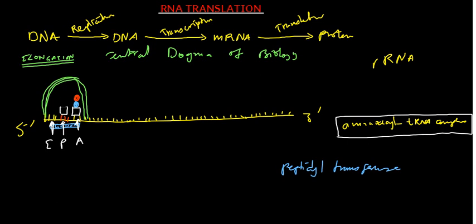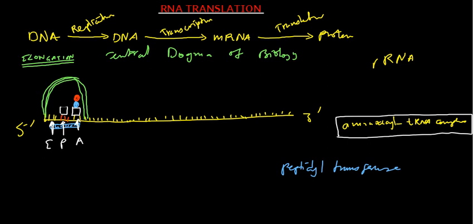After this happens, this complex is going to move one codon in front. Or let me say 3 nucleotides in front, because we have already formed a bond. So the peptide bond has already been formed.